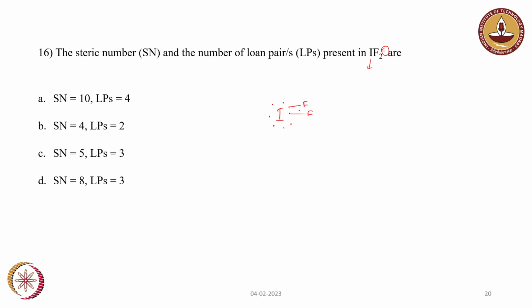So we have 2 bond pairs and 3 lone pairs. So steric number is bond pairs plus lone pairs, that is 2 bond pairs and 3 lone pairs.